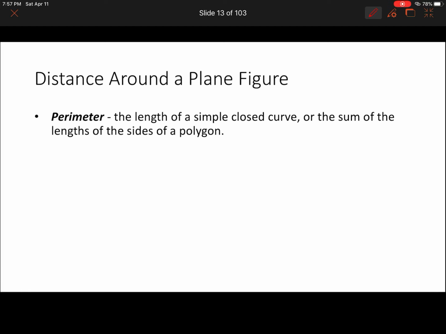It is the length of a simple closed curve or the sum of the lengths of the sides of a polygon. Okay, so if it happens to be a circle, well, you don't have sides, you just have that one length, and we'll talk about that length later. But the perimeter, if you do have a polygon, you're just adding up all the sides. Okay, very easy number to find typically. And so this is a very basic measurement that you need to know how to find.